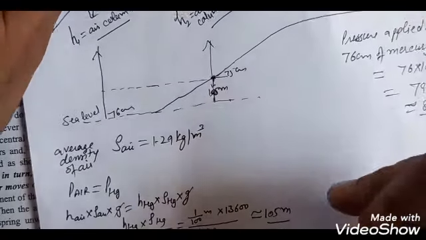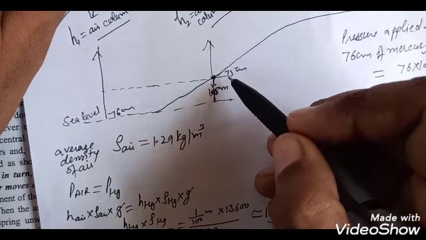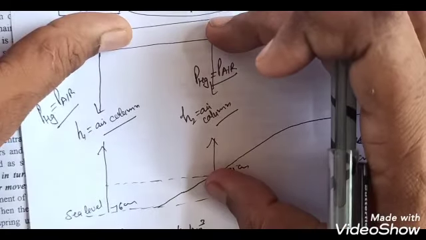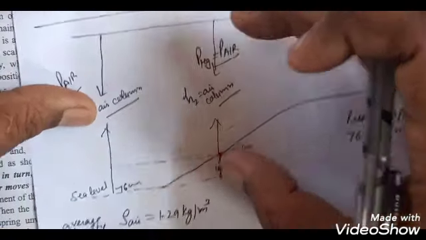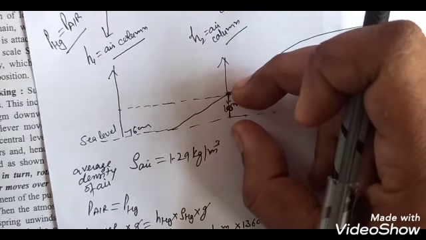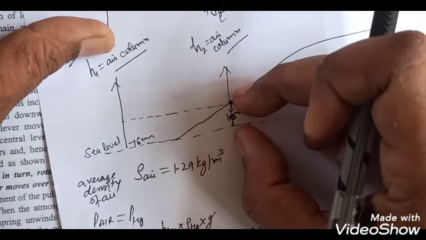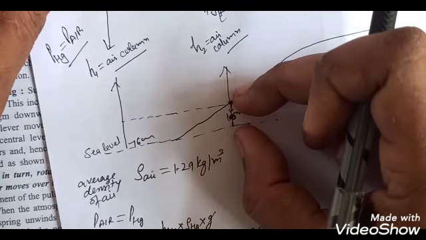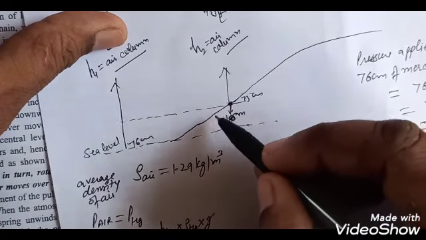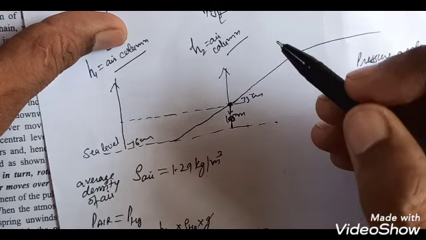By 105 meter. So if mercury pressure falls by 1 centimeter, what is the decrease in height of the air column? 105 meter. Or what is the increase in altitude of that place? 105. Either you can say decrease in height of air, or you can say increase in altitude of that place. It's one and the same thing, right? So if the pressure falls by 1 centimeter, how much height have you covered in the upward direction?